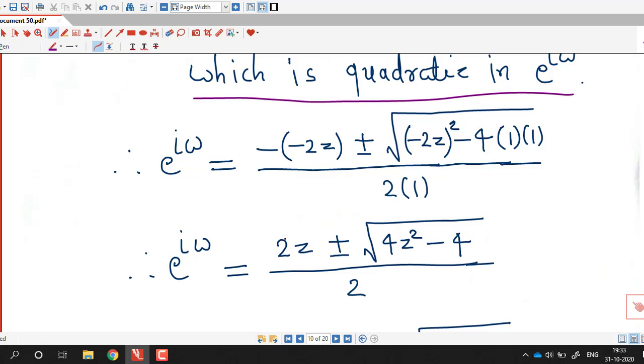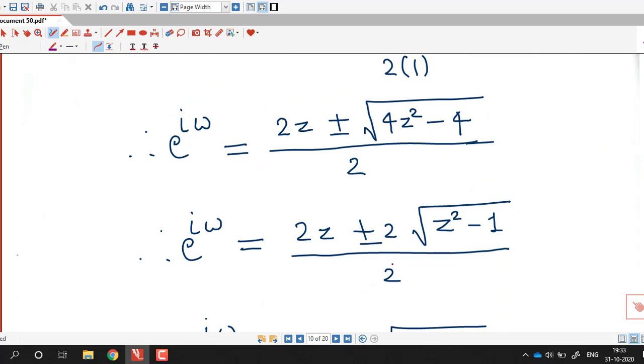If we simplify, we have e raised to iw equal to 2z plus or minus square root of 4z square minus 4, divided by 2.